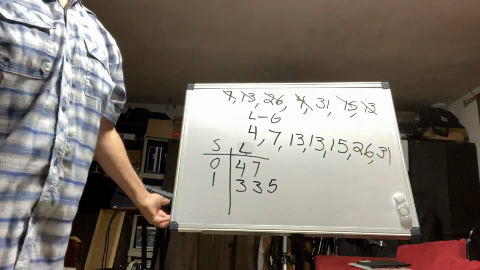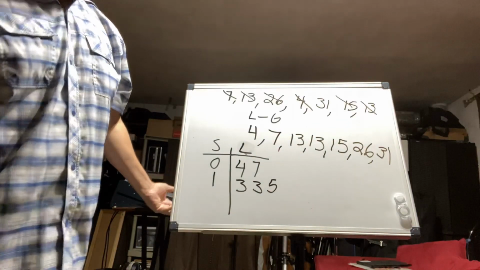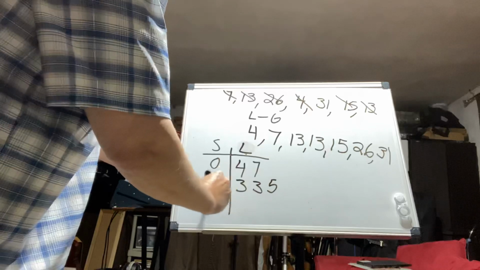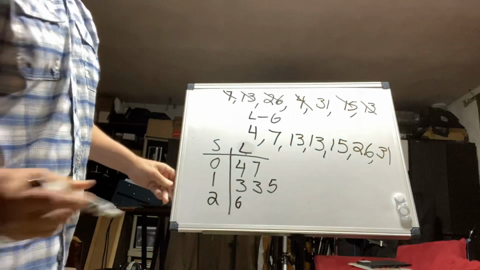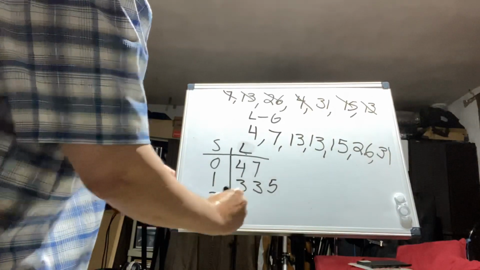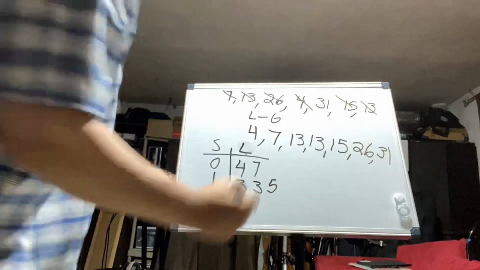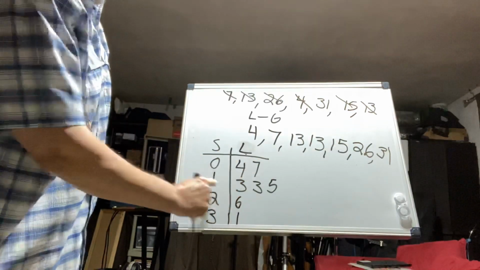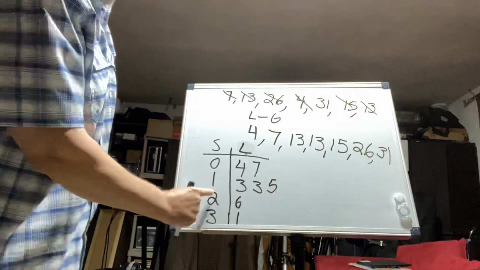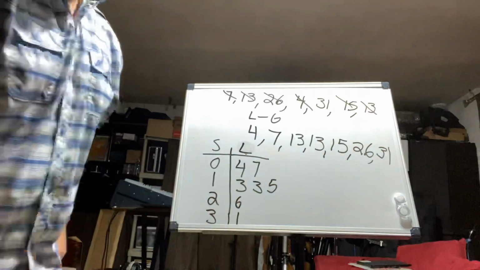I'm done with my numbers in the teens. What comes after your teens? Your 20s. So I'm going to put a 2, and I have the number 26. It's the only number there. Then when I look in the 30s, I have the number 1. So this means I have the number 4, 7, 13, 13, 15, 26, and 31.